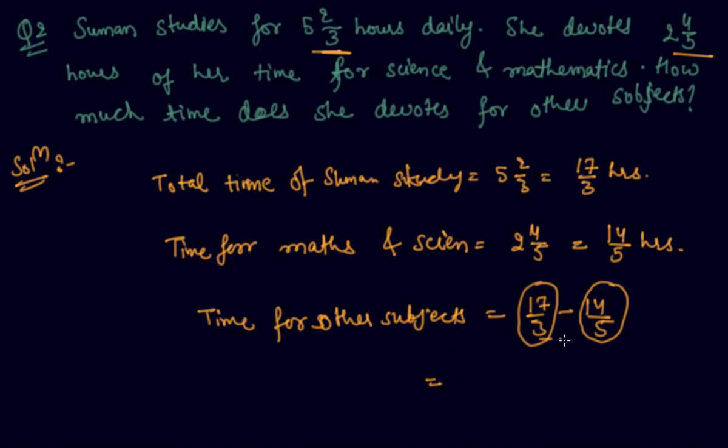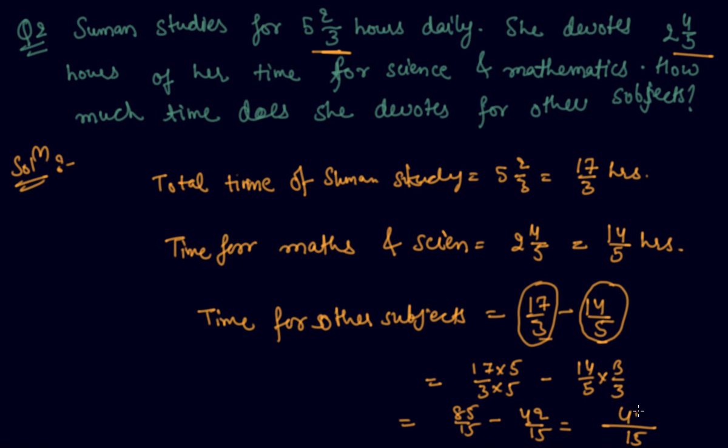To equate both denominators, I will multiply the first part by 5 by 5 and the second part by 3 by 3 to make the denominator the same. So the first is 85 by 15 and now the second is 42 by 15. So 85 minus 42 will be 43 by 15 hours, and I can write this as 2 and 13 by 15 hours. So this is the time she is devoting to other subjects.